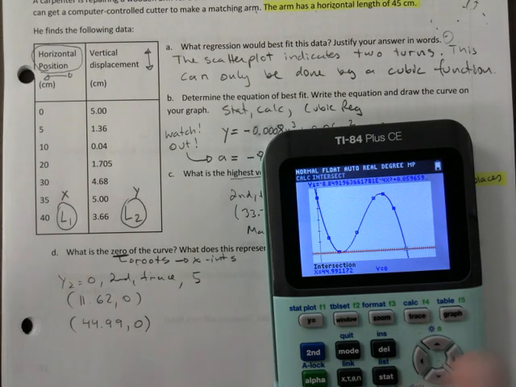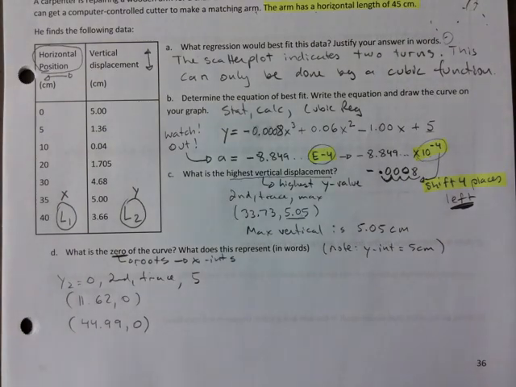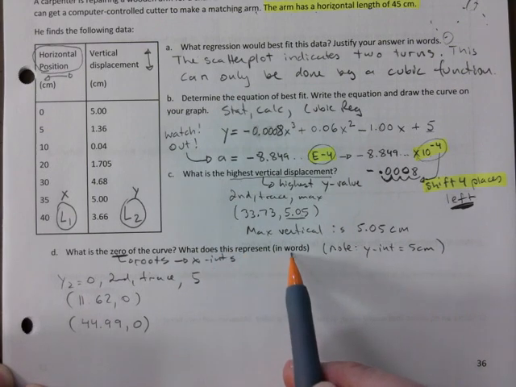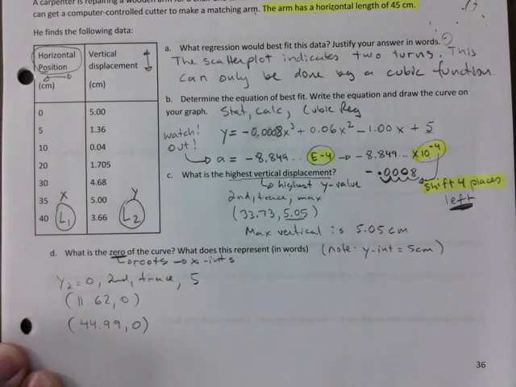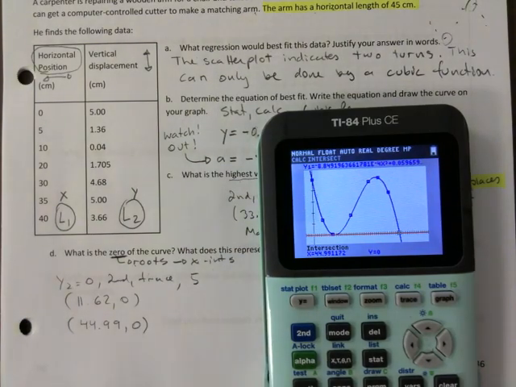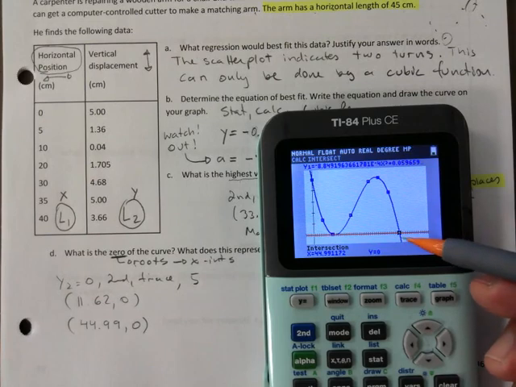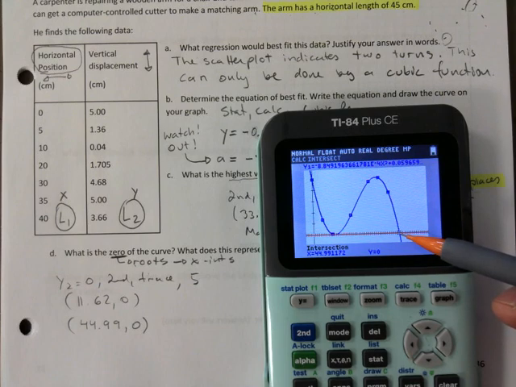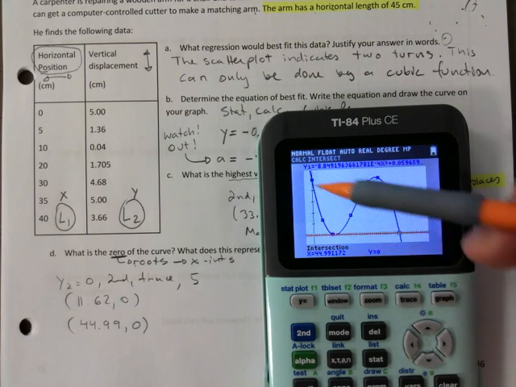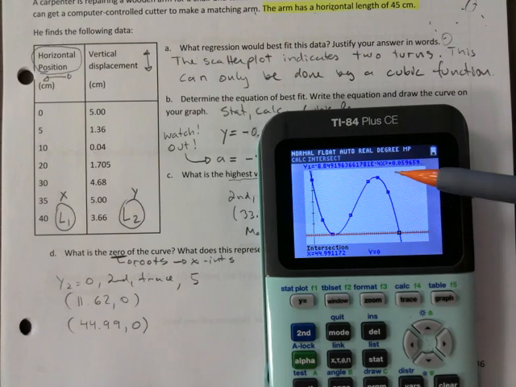Zero. What does this represent in words? I'm trying to think what my reasoning was here. This is like if you're putting a big piece of wood on this table and it cuts it, to me, this would be the edge of the board.